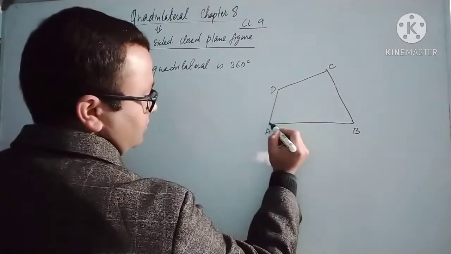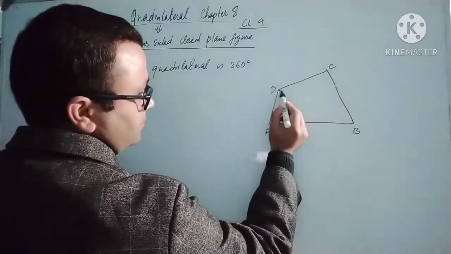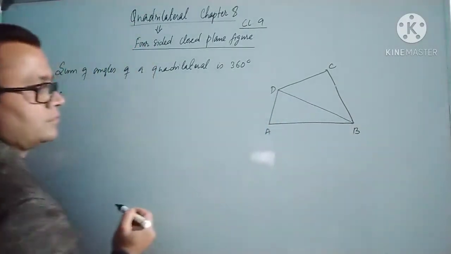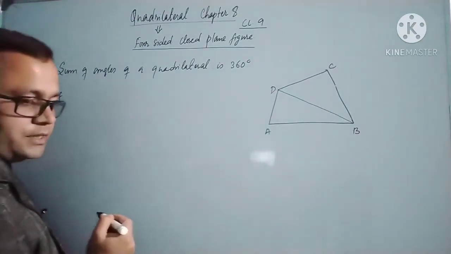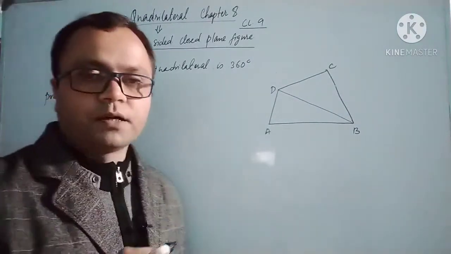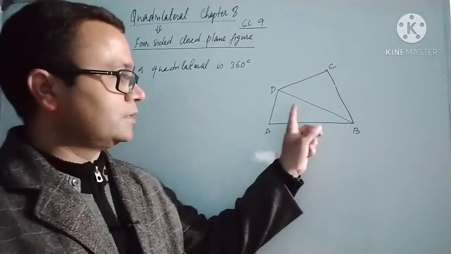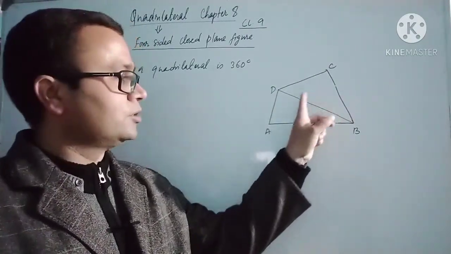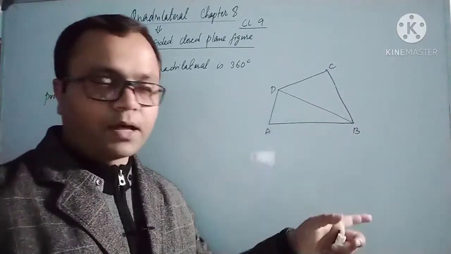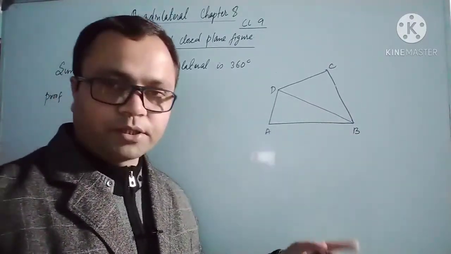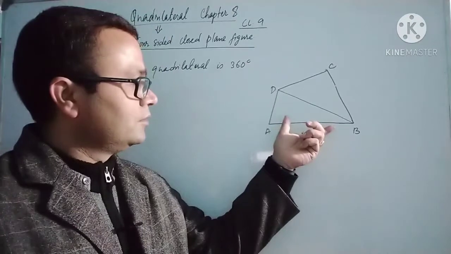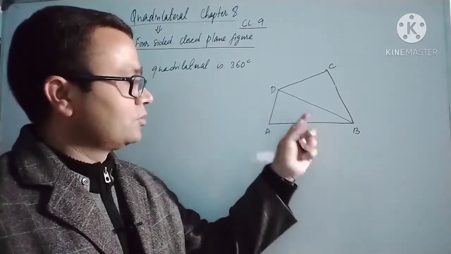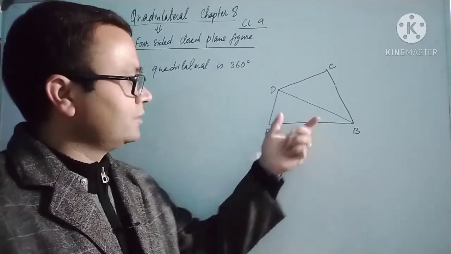Now divide it into two parts. If you divide the quadrilateral into two parts, you'll get two triangles. Now first we'll apply the angle sum property of triangle. So first we will take one triangle.